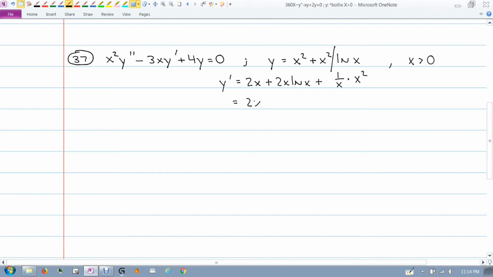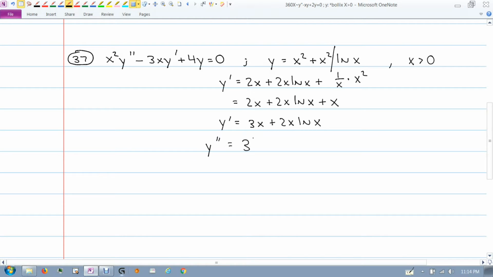So we've got 2x plus 2x ln x plus x. All right. Again, I'm sorry about the dog, if you can hear it. 3x plus 2x ln x. That's y prime. No, y double prime.